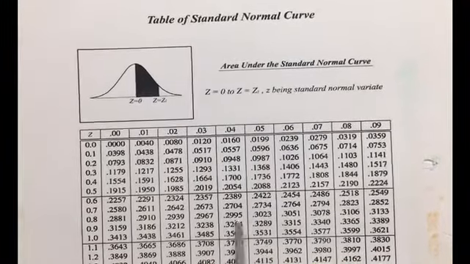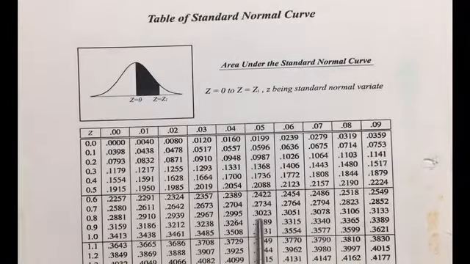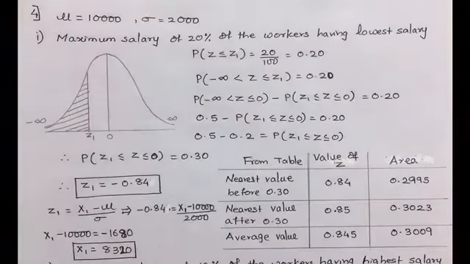Now taking up the area, both these areas, and calculating the average with the help of this table. Nearest value before 0.30 is 0.84. Its area we have seen is 0.2995. And nearest value after 0.30 is 0.85.